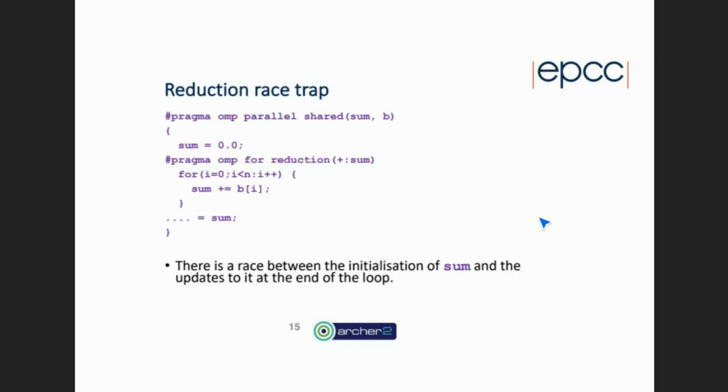What there is, which is probably more useful, and I think I'm probably going to mention it later, is tools for doing race condition detection. So there are tools where you can run your code and it will do instrumentation on your code and then post-analyze it for possible race conditions.